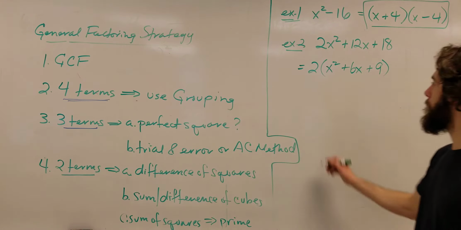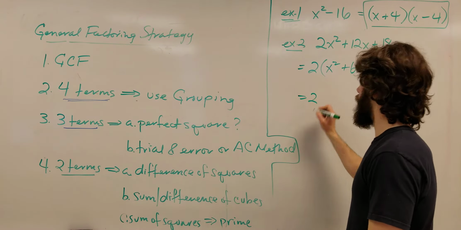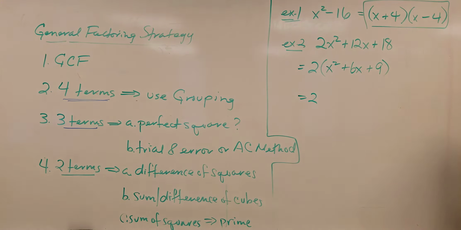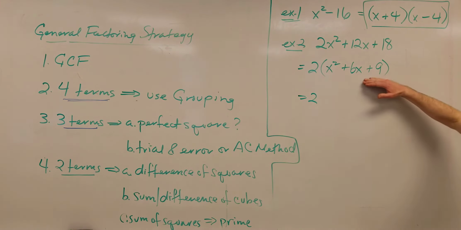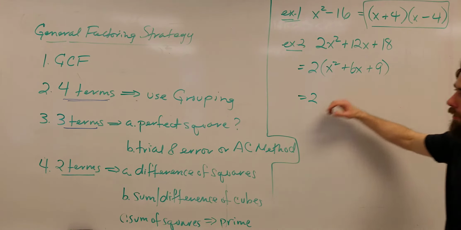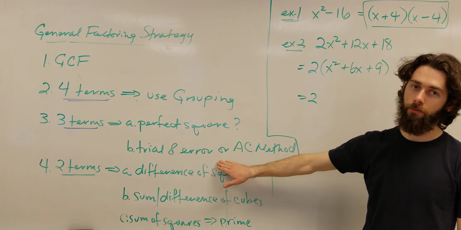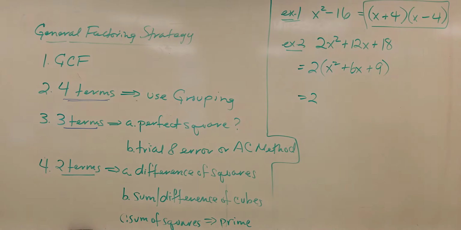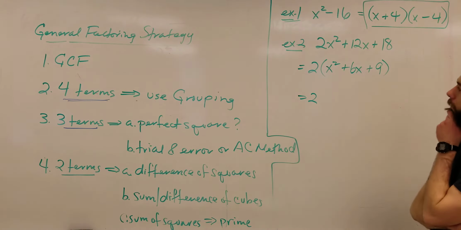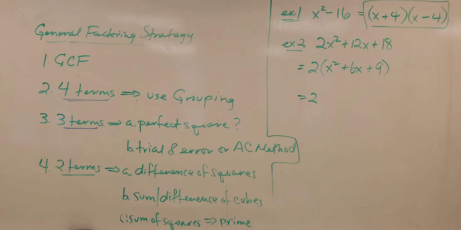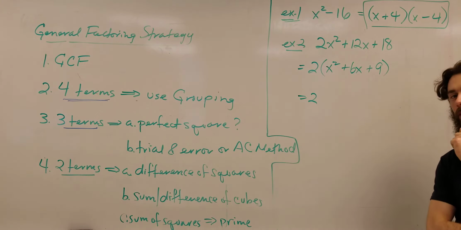All right. So what will we do with that? This factor here has 3 terms. Is it a perfect square, or do we need to use trial and error or the AC method? Well, I can't necessarily see that it's a perfect square.